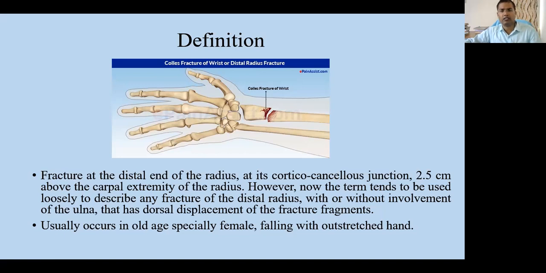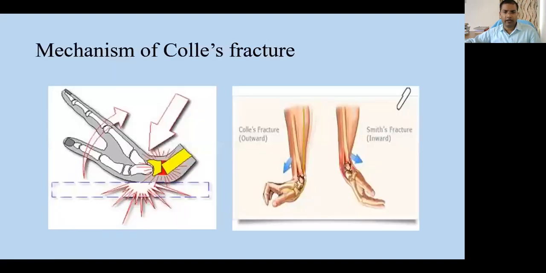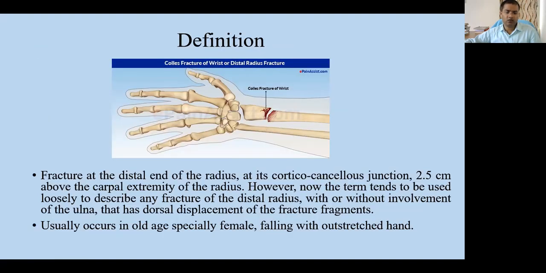The other things can be involved, meaning there may be involvement of the radiocarpal joint or the radioulnar joint, but the basic thing is that the location as well as the displacement, these two are very peculiar in the Colles' fracture. Why does the radius usually break from here? Because this is the corticocancellous junction.